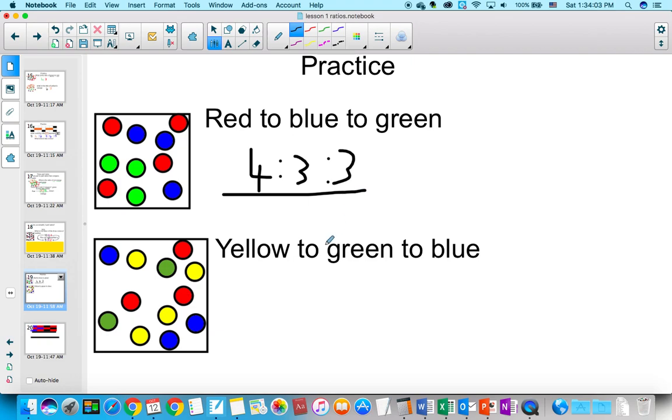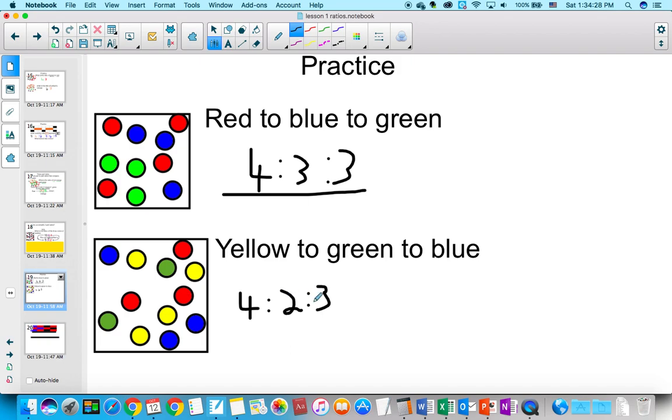Let's take a look at yellow, green to blue. So we have 1, 2, 3, 4 yellows, right? 4 yellows, 2 greens, right? And how many blues? 1, 2, 3. 3 blues. Again, can I simplify? Can I divide 4 by something that I can divide 2 by, that I can divide 3 by? Well, I can divide 4 by 2. I can divide 2 by 2.